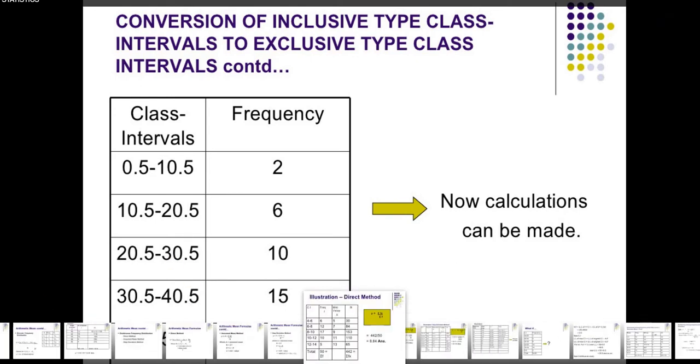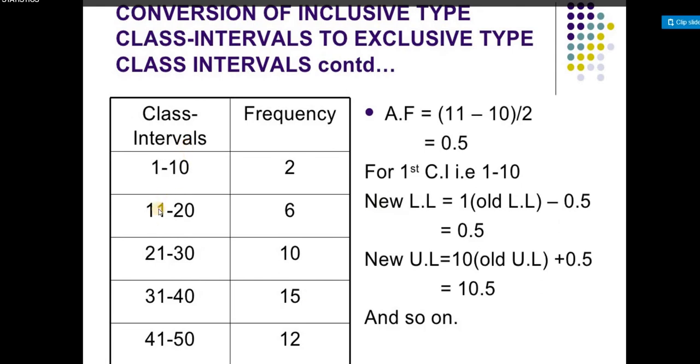Means first we need to do one thing. We take this 10 and 11. 11 minus 10 we need to divide by 2. Every time we need to divide by 2. That one is the equation. If it is here, 21 minus 20 divided by 2.